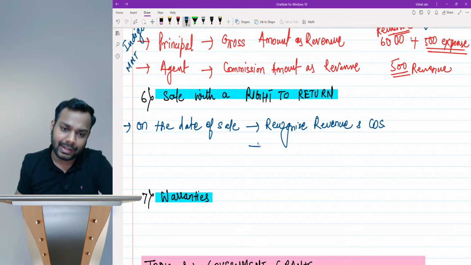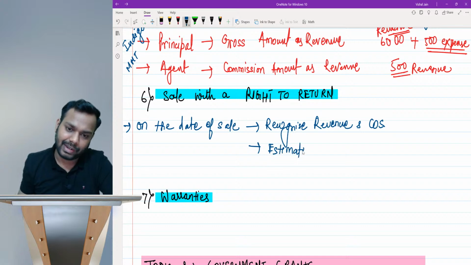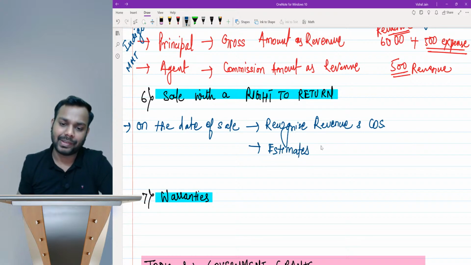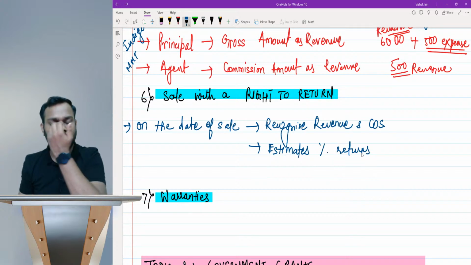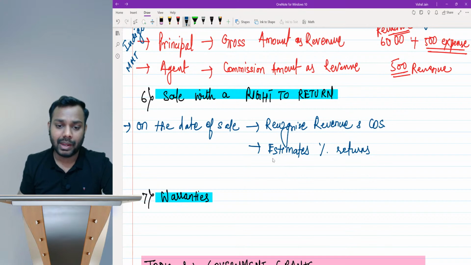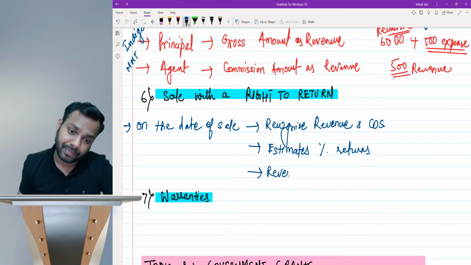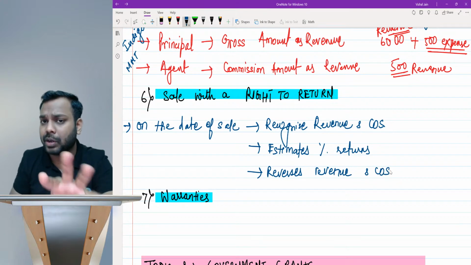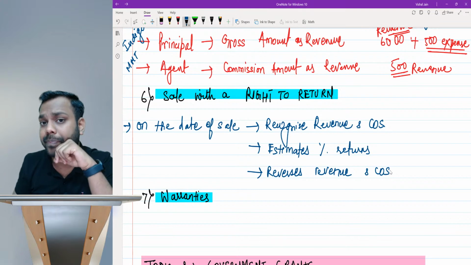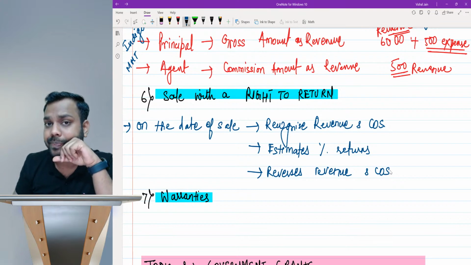So the company then estimates percentage returns, and for these percentage returns, the company reverses revenue and cost of sales. But don't you think the company has already received the money? The company has already received the money, right?